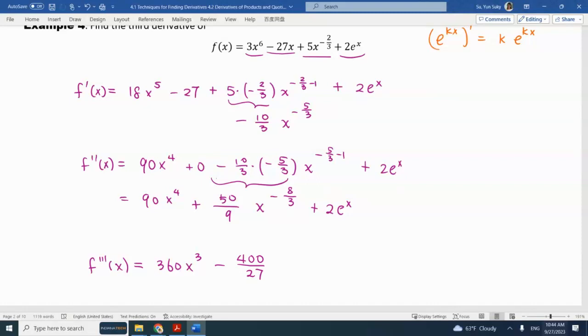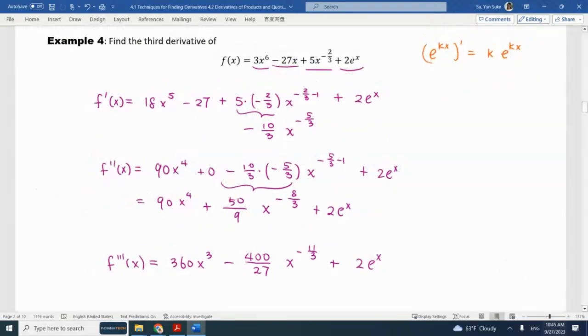When we multiply, 50 times 8 is 400. 3 times 9 is 27. And x to the? 11 over 3, yes. And plus 2 e to the x, yes. So this is the final answer.